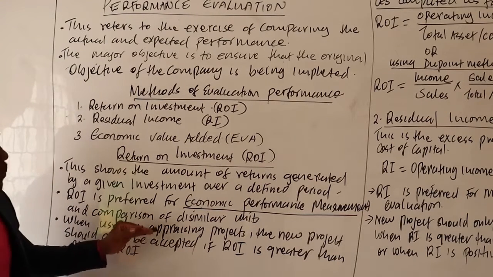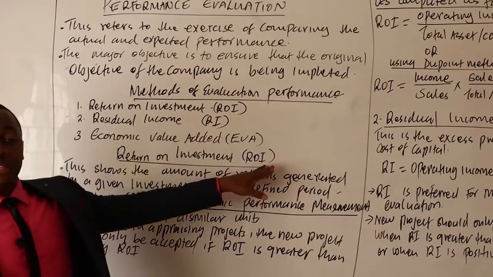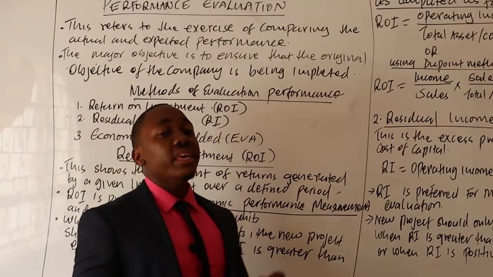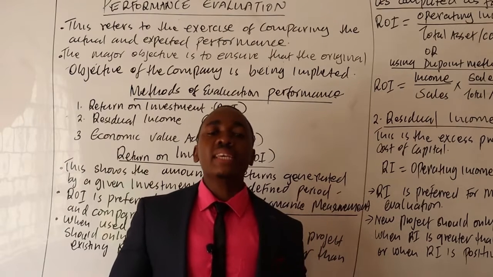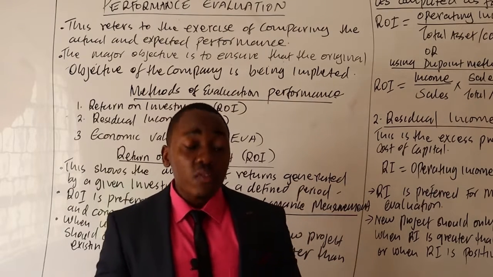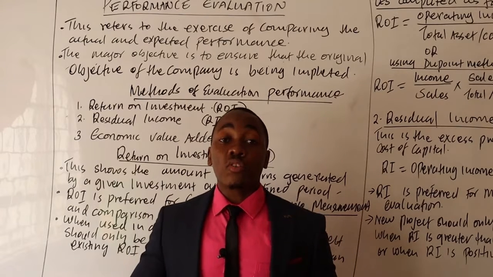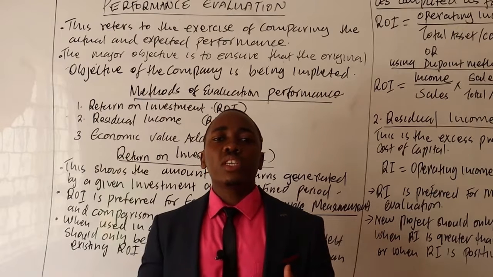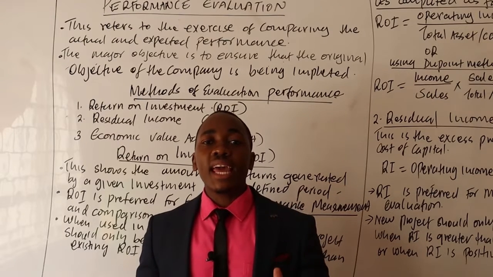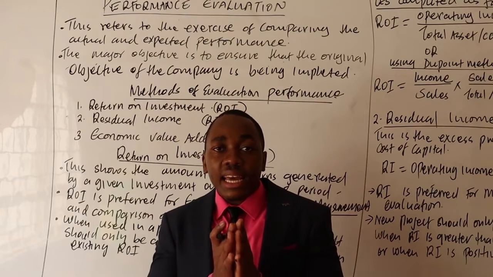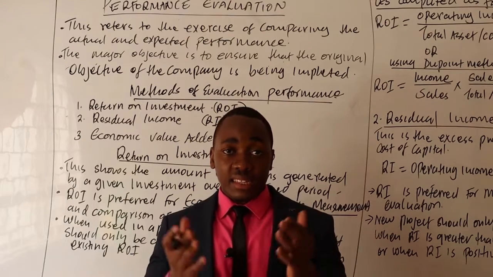And when you use return on investment to appraise a project, you should only accept the new project if its return on investment is greater than the existing company return on investment. So what do we mean? For example, the company has a return on investment of 10%. When you want to evaluate new projects to undertake, only accept the project whose return on investment is greater than the existing company return on investment, that's 10%.